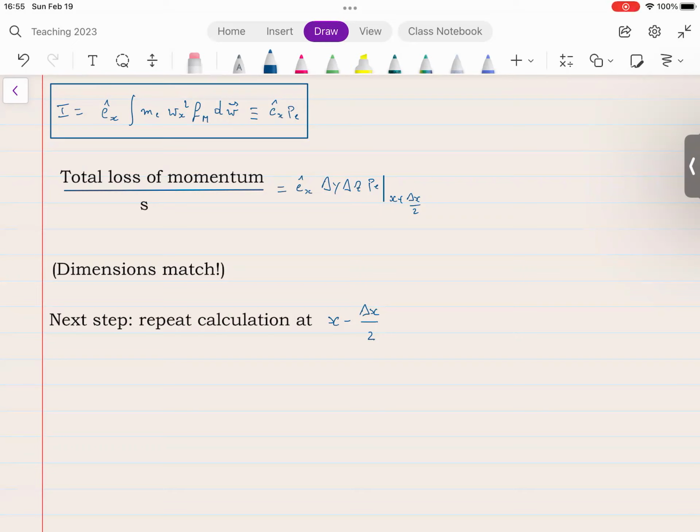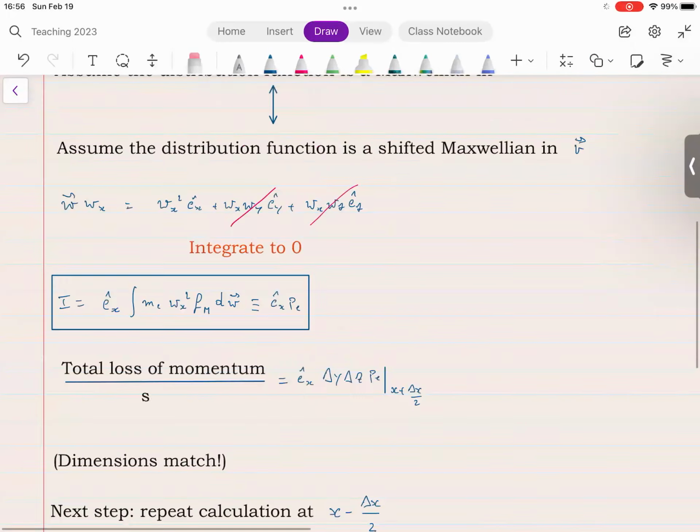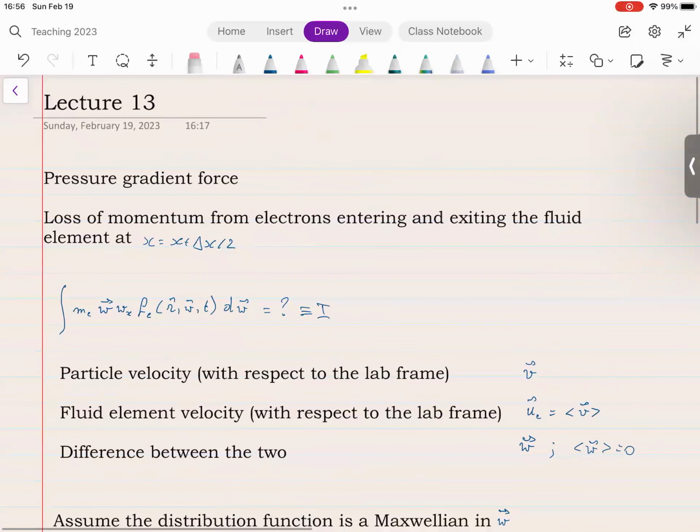That's now going to be a gain of momentum from electrons entering and exiting the fluid element on the opposite side. Let me emphasize the difference. This again, and this was a loss.